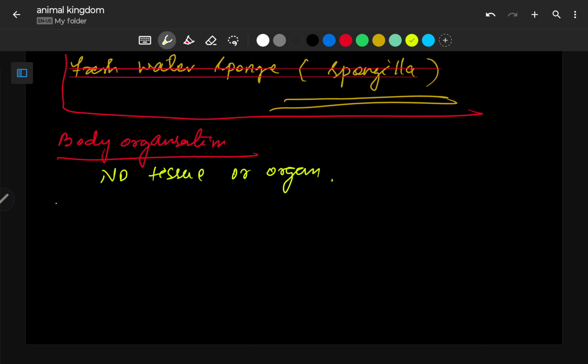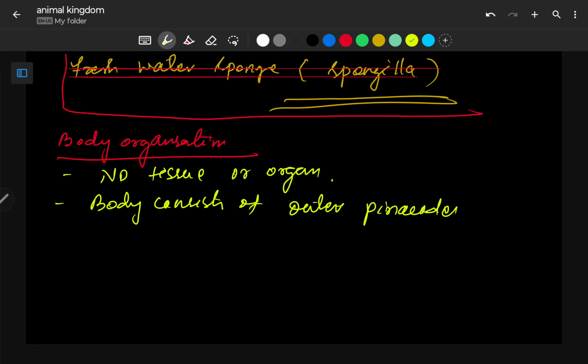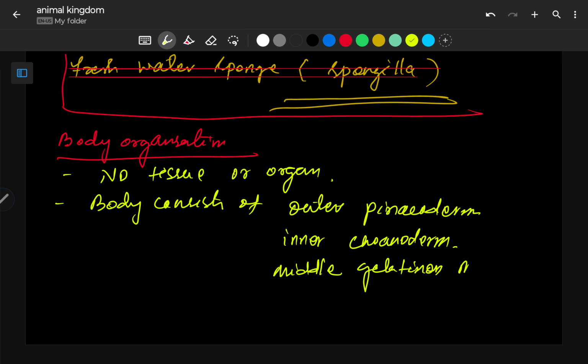And body consists of outer layer called pinacoderm, inner choanoderm, and middle gelatinous mesohyl.